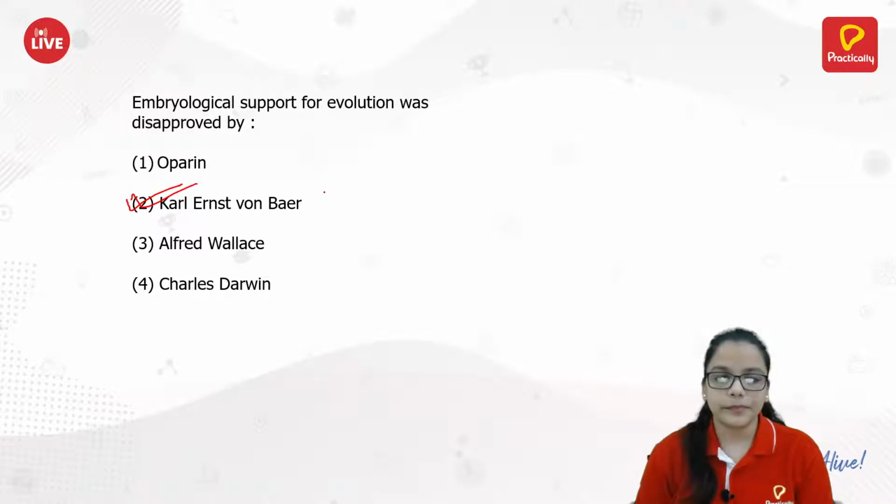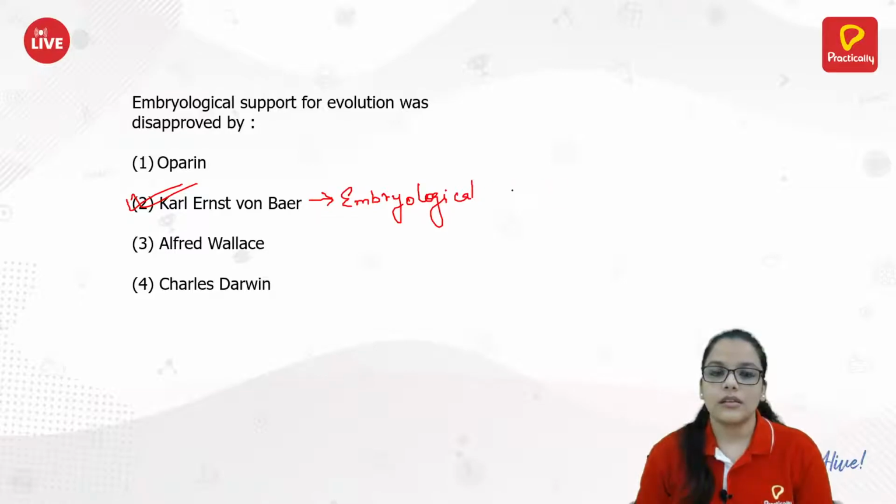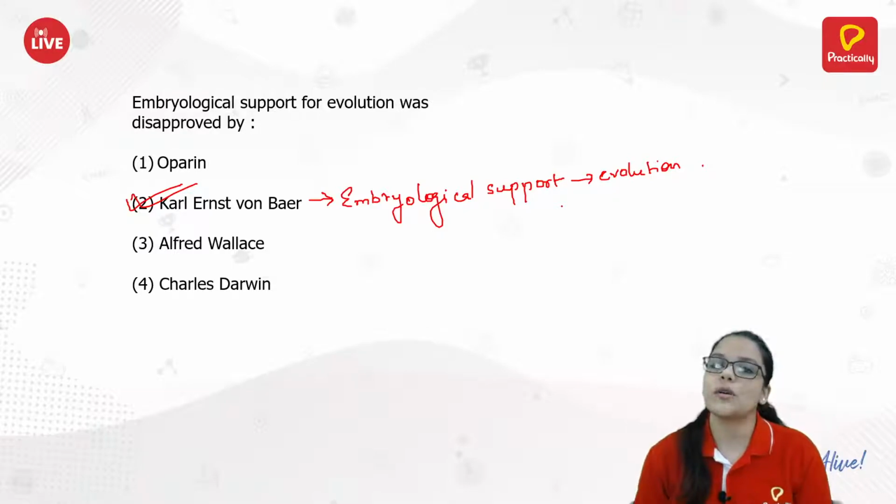Because he said it is not proper; embryological support does not support evolution, because according to some theory, it was given that embryological support in higher animals shows more evolution than in lower animals.